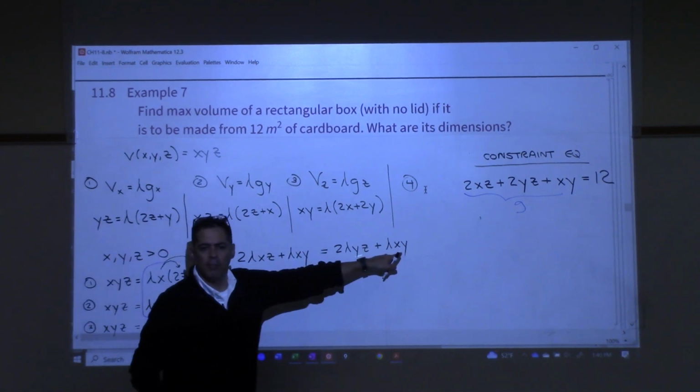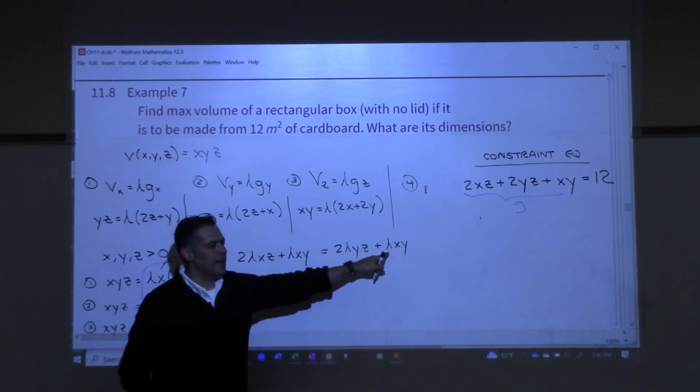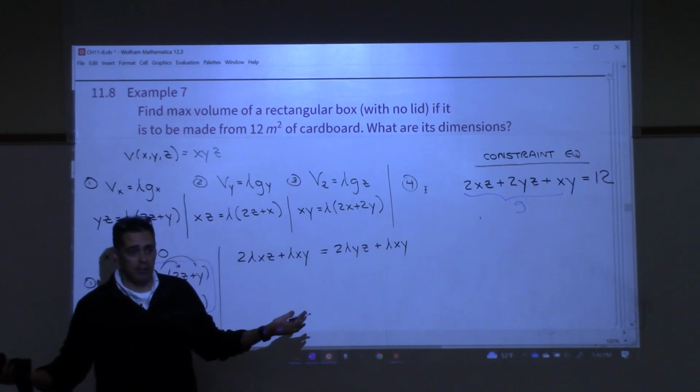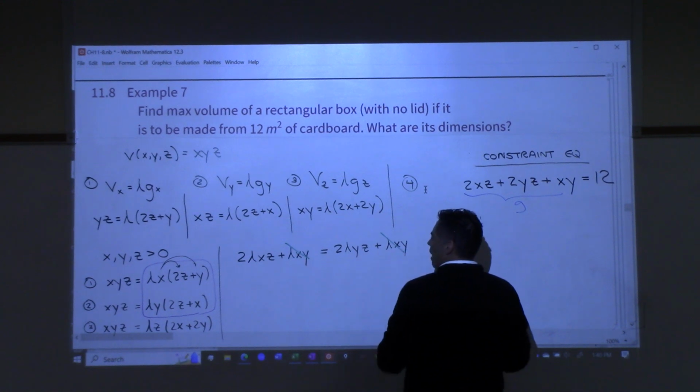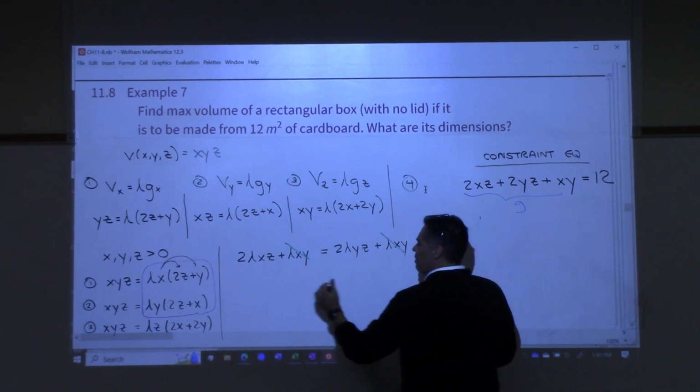These are the same, right? So I can subtract it on both sides and it's gone. So these go away.